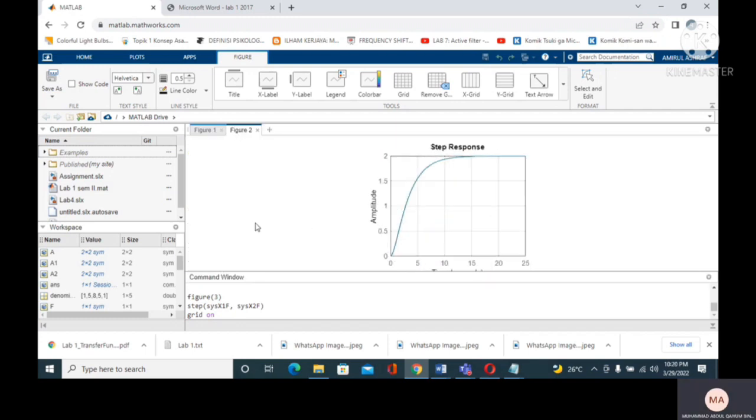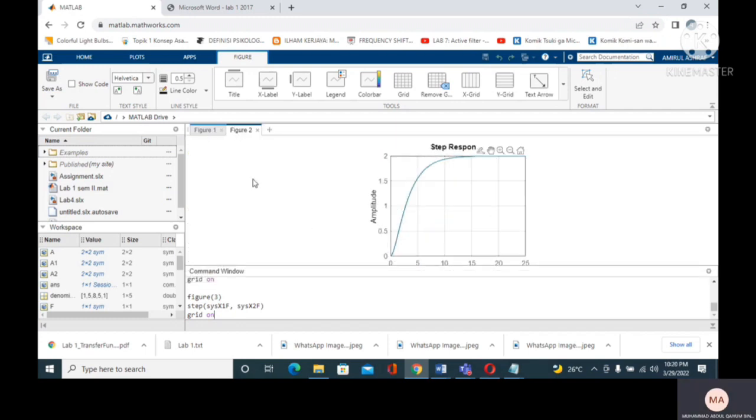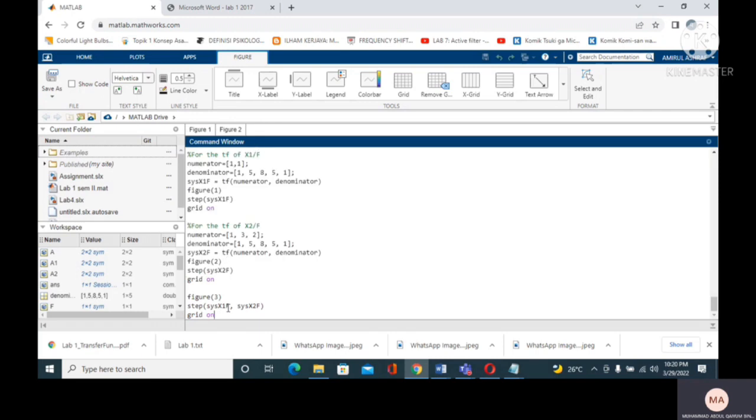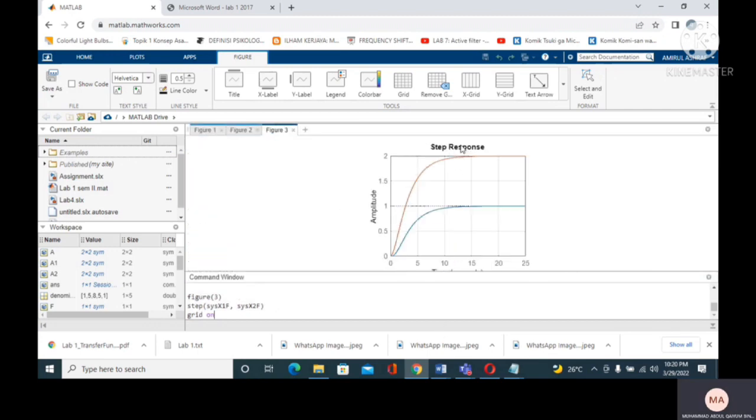So we get this. Lastly, if you want to combine both the s1 over f graph and the s2 over f graph, we use this coding. As you can see, there are two step responses in one graph.